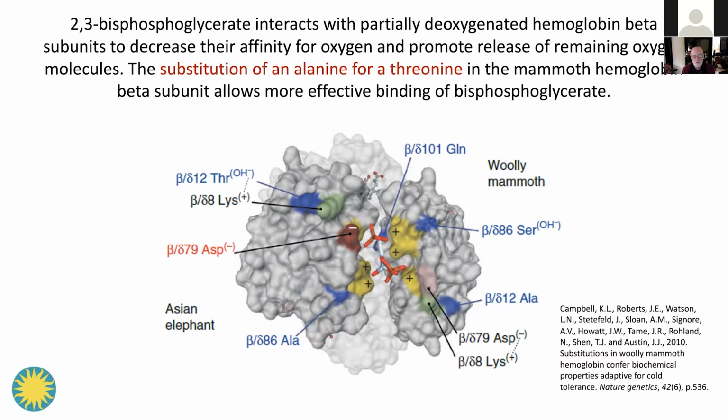And because they had mammoth hemoglobin in the laboratory, they were able to test it. And what they found was, lo and behold, indeed, mammoth hemoglobin doesn't hold on to oxygen as tightly as our hemoglobin does. And it releases the oxygen in cold temperatures, which makes perfect sense.